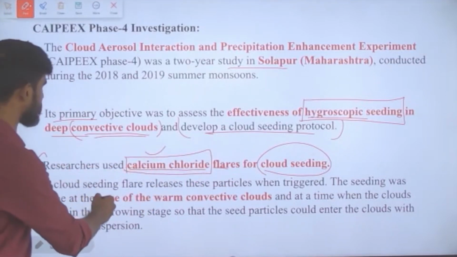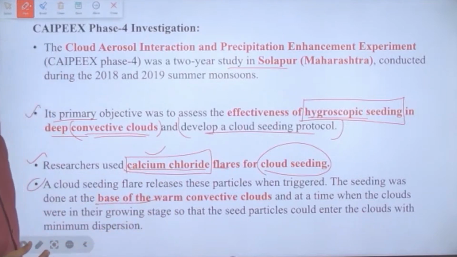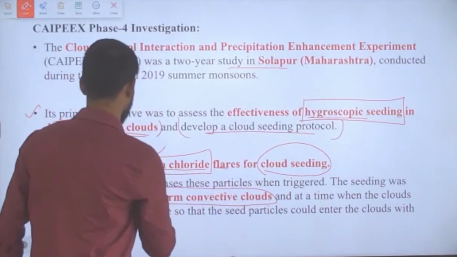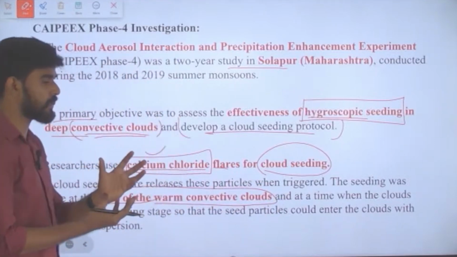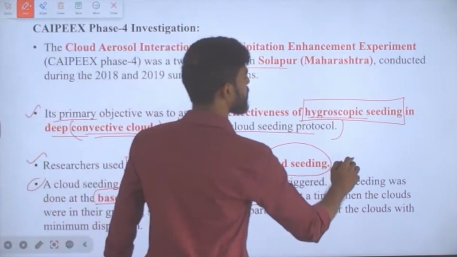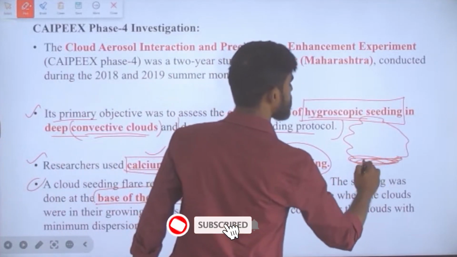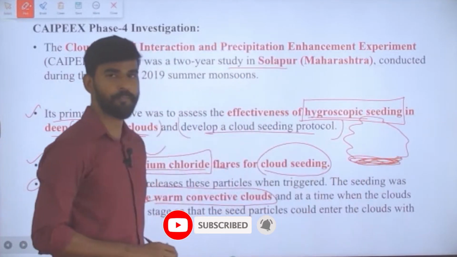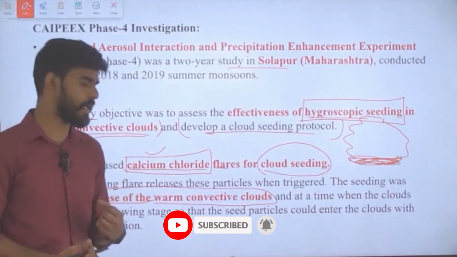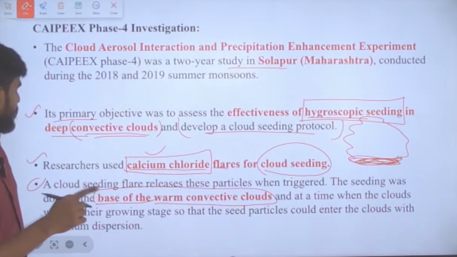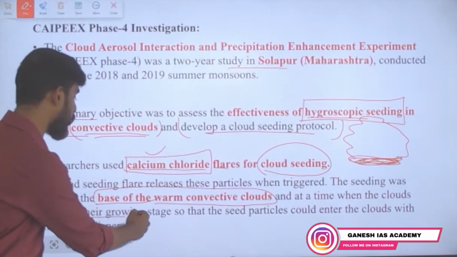This seeding was done at the base of the warm convective cloud. This is also important. It is done at the base of the warm convective clouds and not on the top. Say for example the cloud is like this, it is done at the base, so that effective seeding happens. And it is also done at a time when the clouds were in their growing stage.